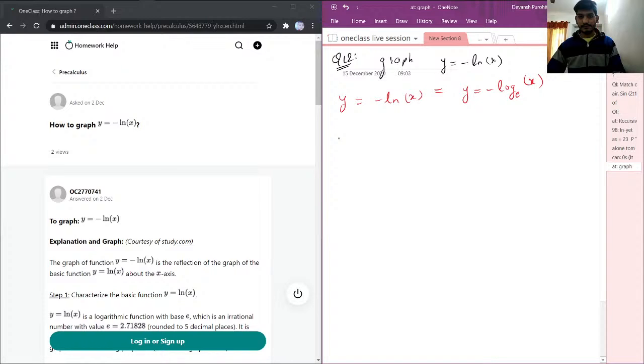So for graphical method, it is better that I take the antilog here. So first I'm going to use two properties of log.